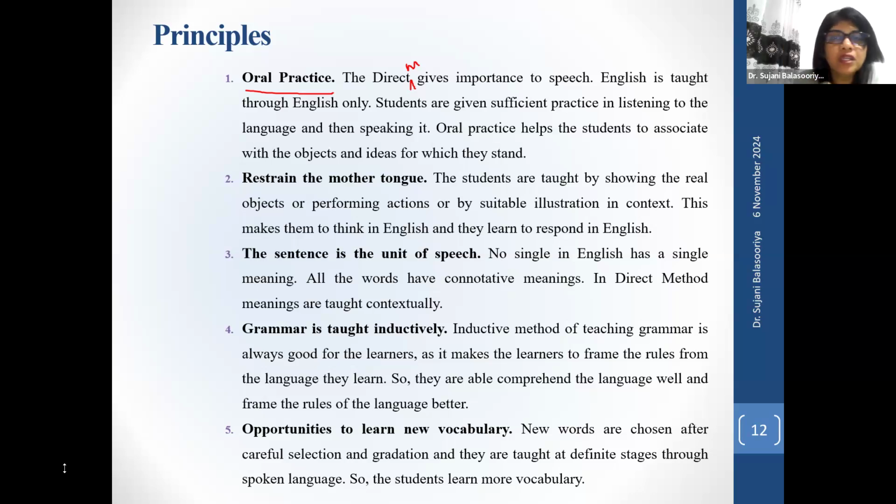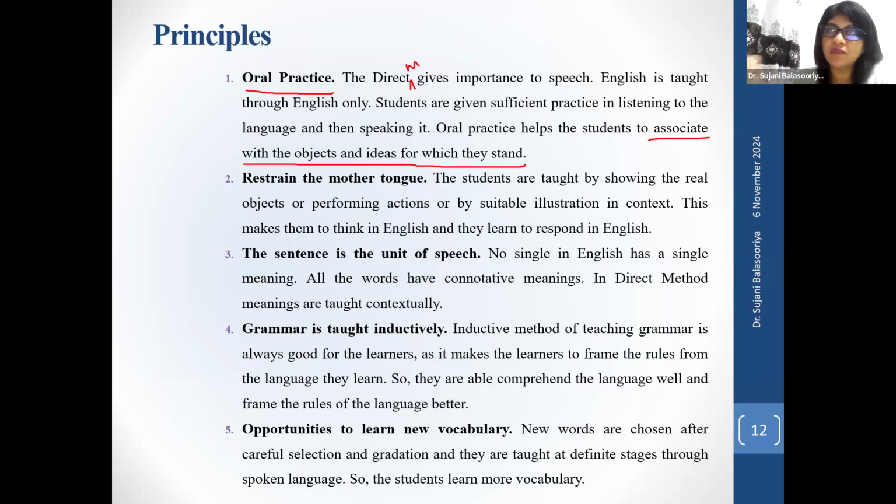And Philip, you need to add this as well, right? This one, the latter part: oral practice helps the students to associate with the objects and ideas for which they stand. I hope everybody can get the brief idea behind this line, because that is the very point behind oral practice or the direct method.